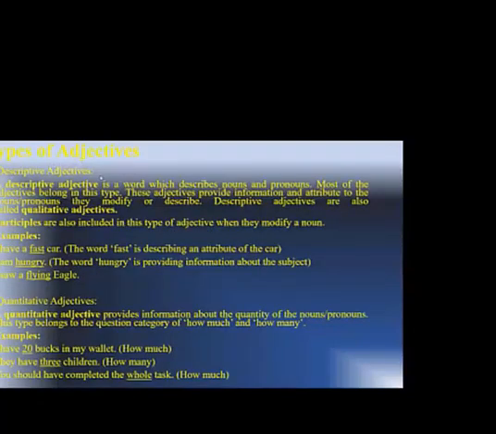Types of adjectives. First, descriptive adjectives. A descriptive adjective is a word which describes nouns or pronouns. Most of the adjectives belong to this type. These adjectives provide information and attributes to the noun.